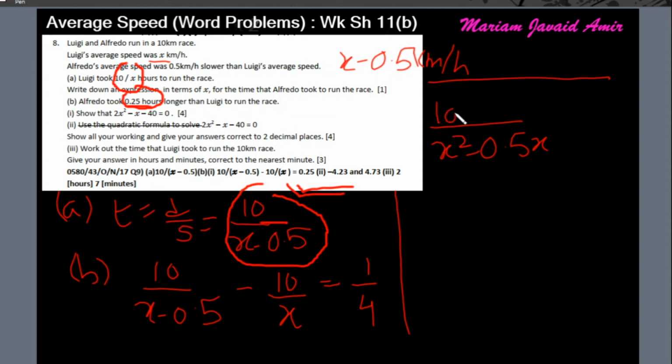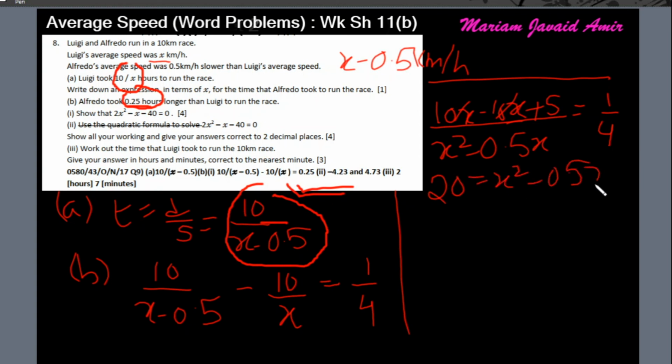The numerator becomes 10x minus 10x plus 5, into 0.5, which is 5, equals 1 by 4. This gets cancelled, then 5 times 4 would be 20, equals x square minus 0.5x.